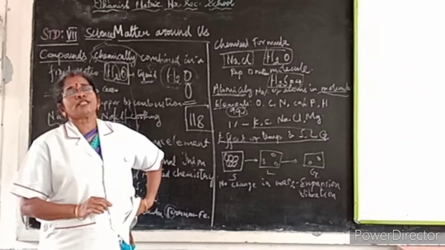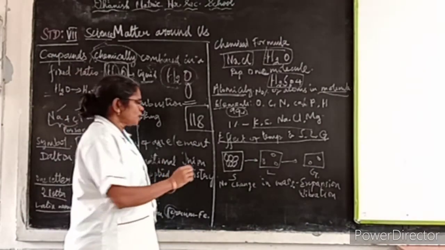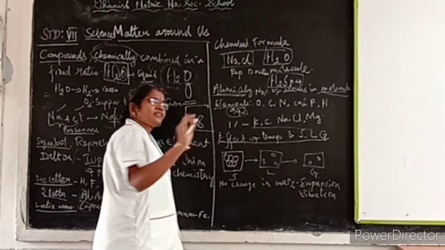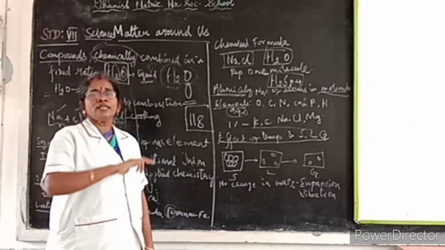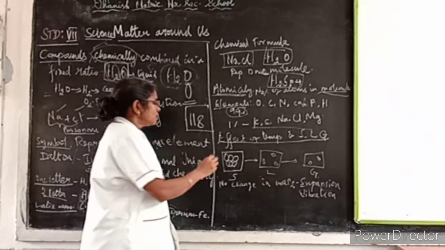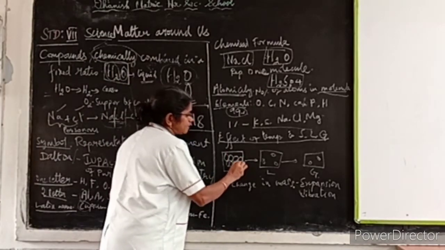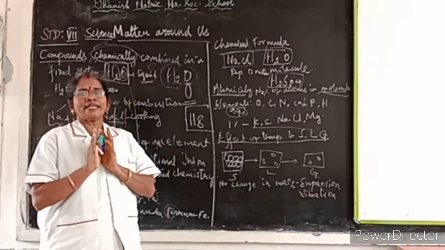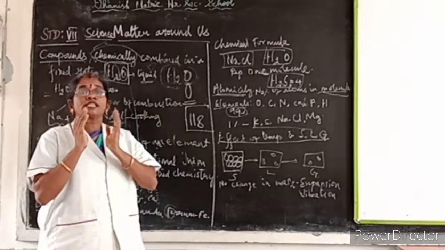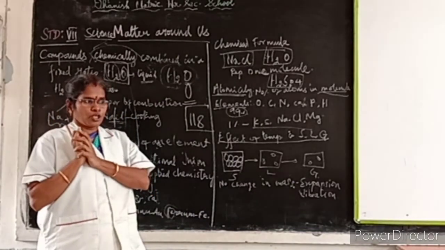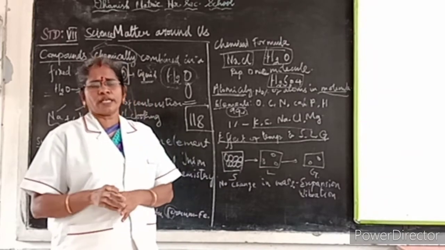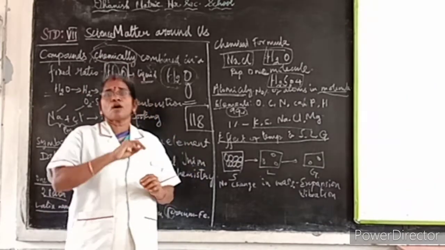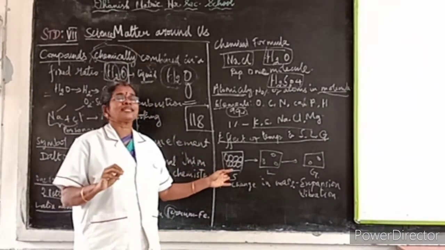What is that? Arrangement of molecules. If you take any solid, in solid, all atoms are packed tightly, arranged in a tight manner. There will not be any space in between the molecules. Suppose if you take this book, whatever solid substance you take, in that substance, all the atoms are tightly packed.